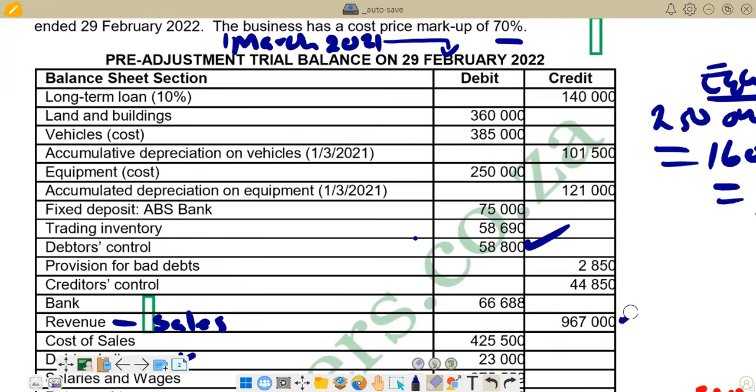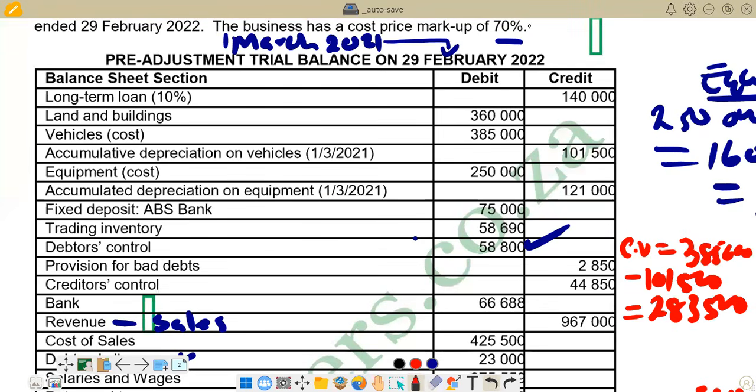To find the carrying value, we say 385, then we subtract the accumulated depreciation, which is 101,500.